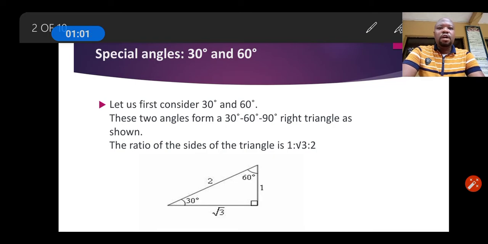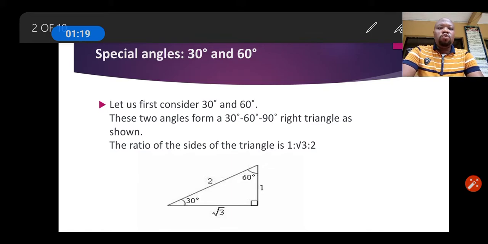What are special angles? We have three major special angles in trigonometry, namely angle 30 degrees, angle 45 degrees, and angle 60 degrees.